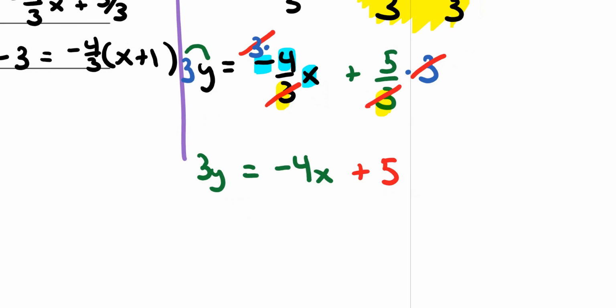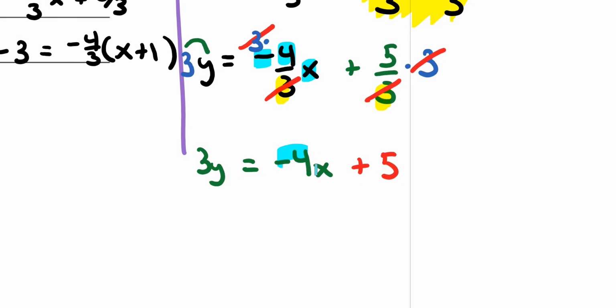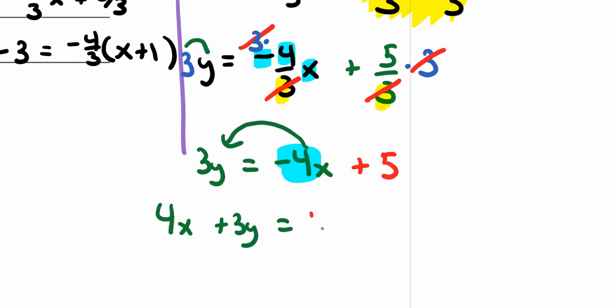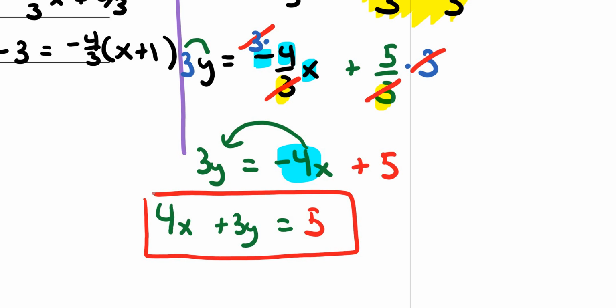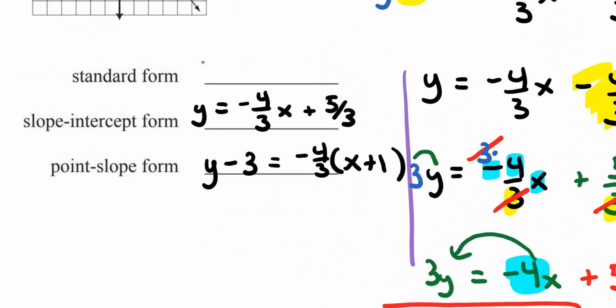Okay, we're almost done here, and the last thing I recommend doing is you take this -4x and bring that to the other side. So that's going to be positive 4x plus 3y equals positive 5. And there it is. There is my standard form there. And with that, that should conclude this homework video guide. So let me write this down as 4x plus 3y equals 5.